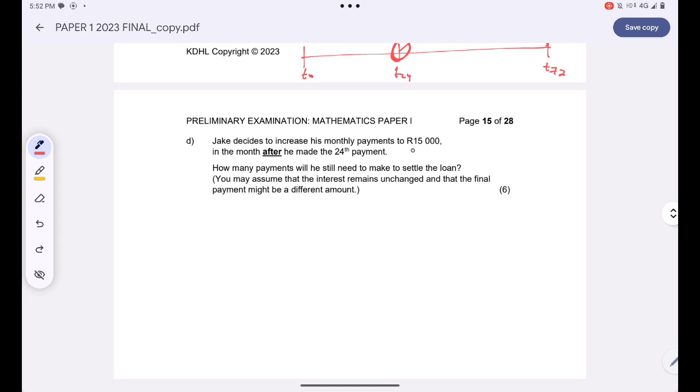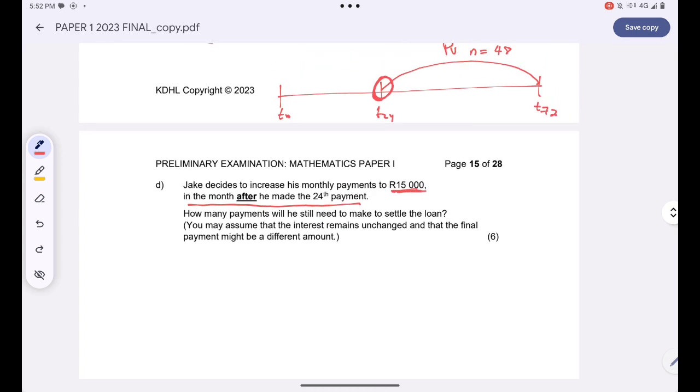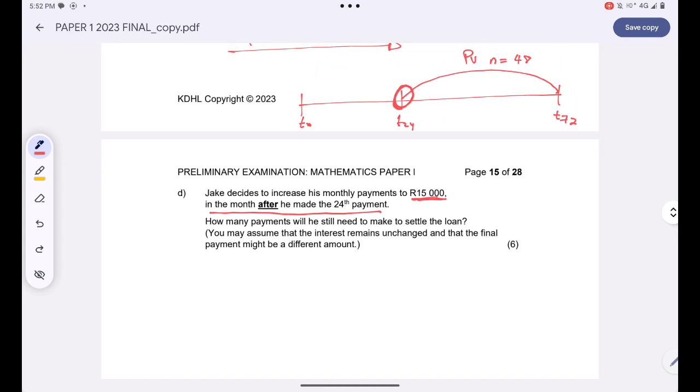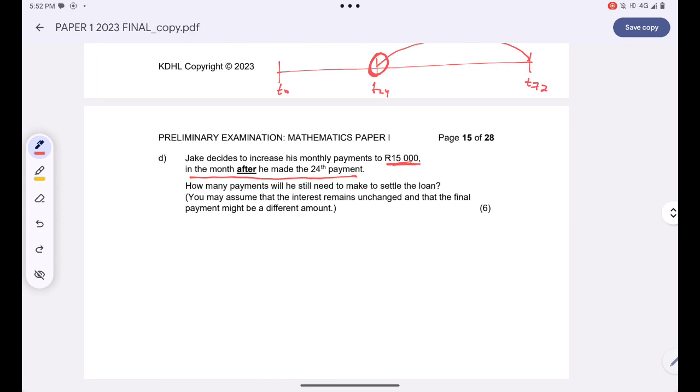Remember, guys, the value of X, the installment, will increase after the 24th payment. Initially, if Jake were to pay the previous amount, he was going to settle the loan in 48 payments. But now we want to know, if we increase the installment, how long will it take Jake to settle the loan?